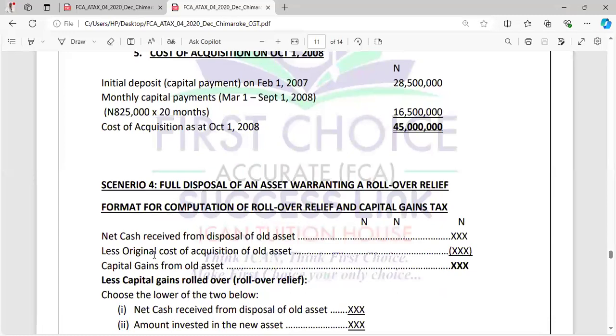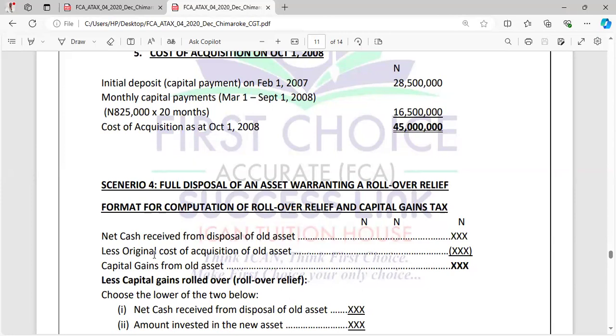In our next class, we are going to look at scenario number 4. This is one of the favorite parts of capital gains tax that I can usually set. So we shall take our time and look at it.